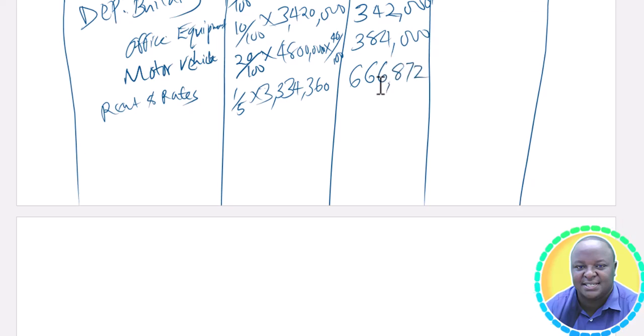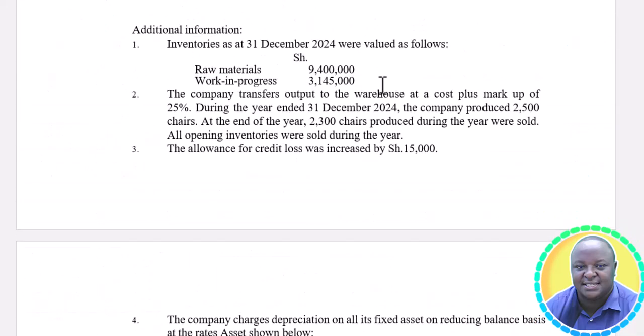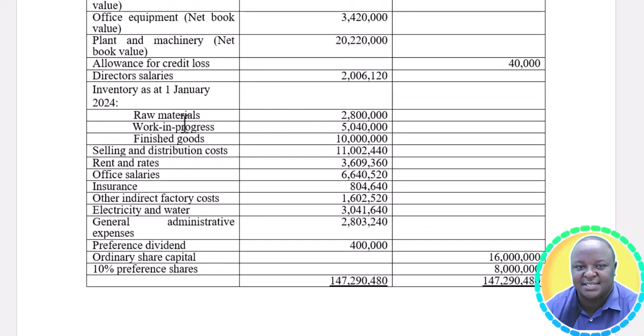Divided by 5 of that, we will get 606,872. Then we will come to insurance. Also, the portion is 1/5. In insurance, we have been told that the insurance is 804,640.